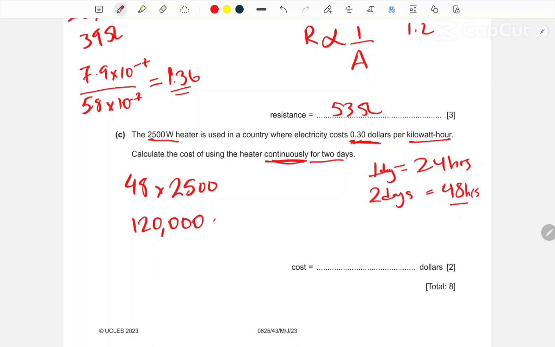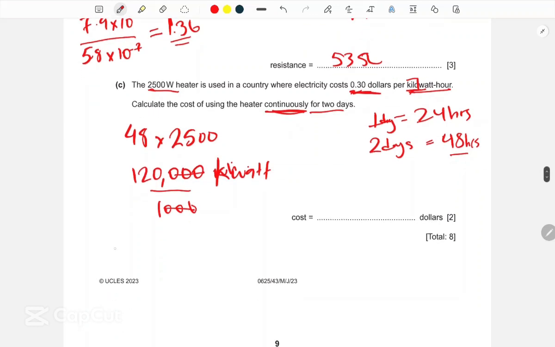120,000 watt hour. But then we know that it's 0.3 per kilowatt hour. So to change this into kilowatt hour, we divide by 1000.